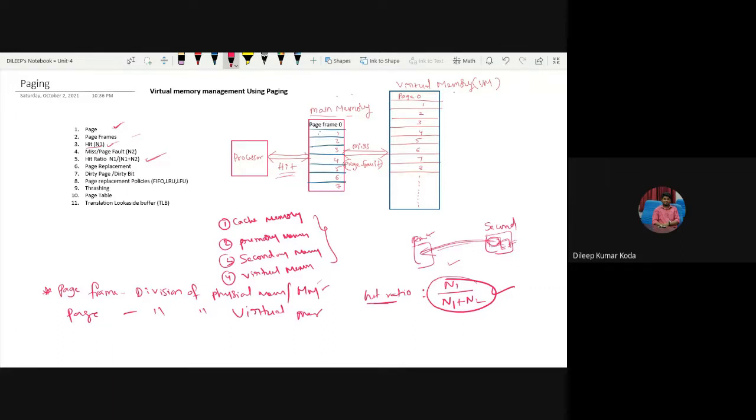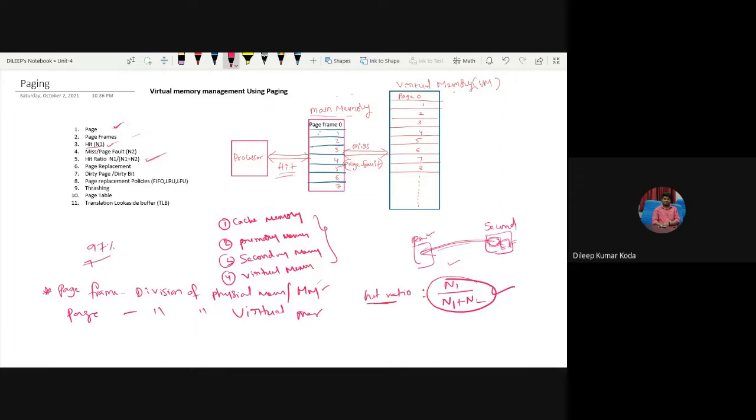The hit ratio can never be more than 1. If it is more than 1, this is not a healthy hit ratio. The hit ratio should be more than 97 percent.